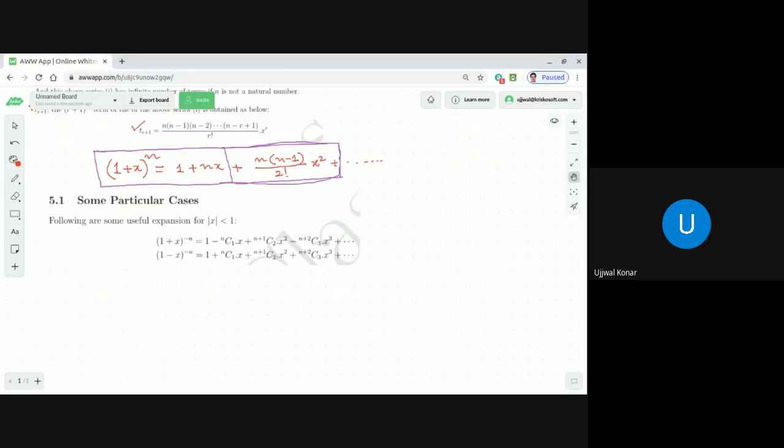And (1 minus x) power minus n is equal to 1 plus nC1 into x, then (n plus 1)C2 into x square plus (n plus 2)C3 into x cube. That is the formula for (1 minus x) power minus n, and you need to remember this, dear students.